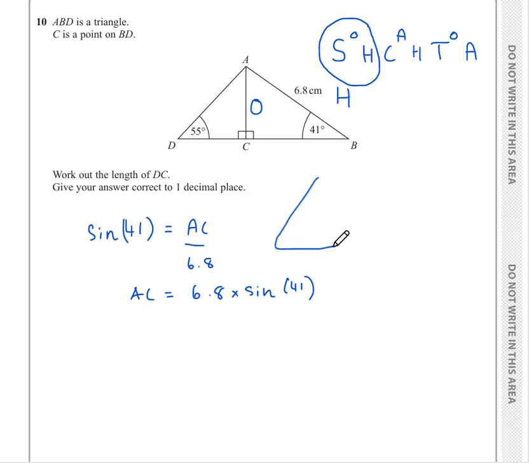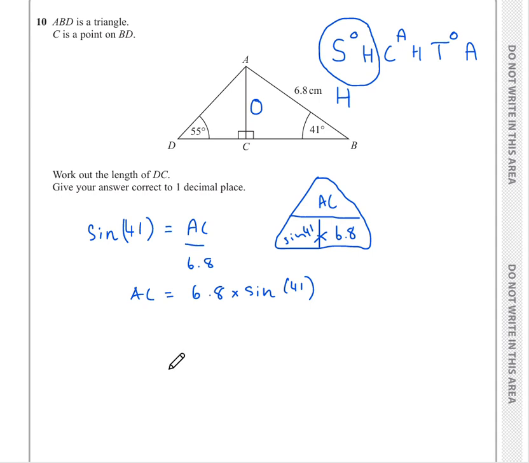You might also find it helpful to do a little triangle to rearrange the equation. So I've got sine 41 here. I've got AC as my opposite side and my hypotenuse 6.8. So if I cover that one up, I can see that I need to multiply those two to work out AC.